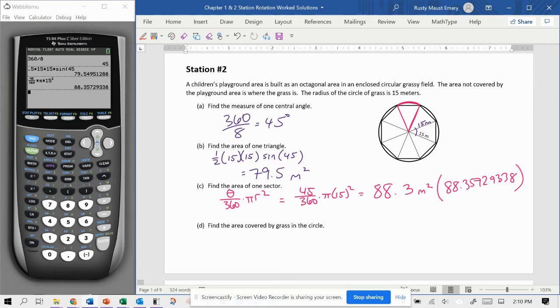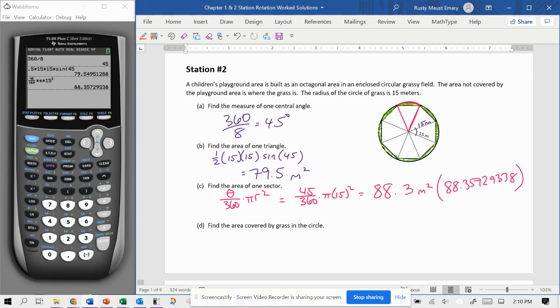So now find the area covered by grass in the circle. So the area covered by grass in the circle, again, is these little tiny sections here. Right, so those are all the areas of the grass. So basically we need to take part C minus part B and then multiply it by 8.